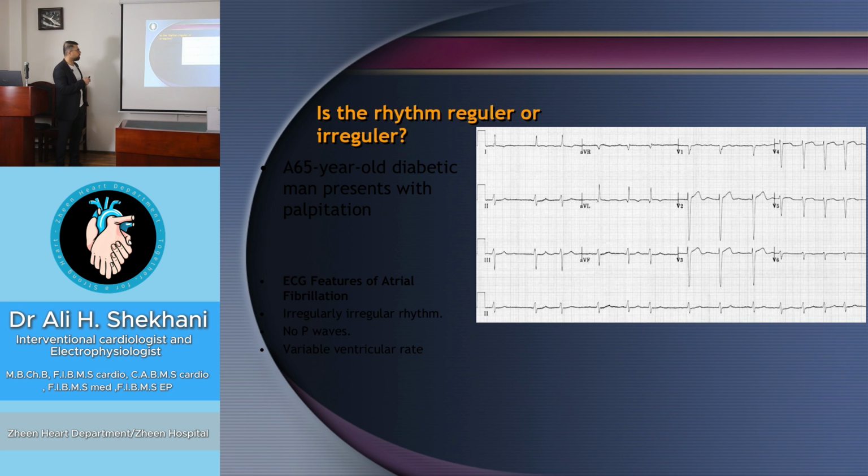So let me start how to approach any SVT. This ECG, is it regular or irregular? This is irregular, clear. Is there any P wave? No, there is no P wave.